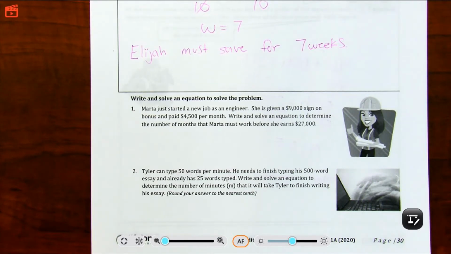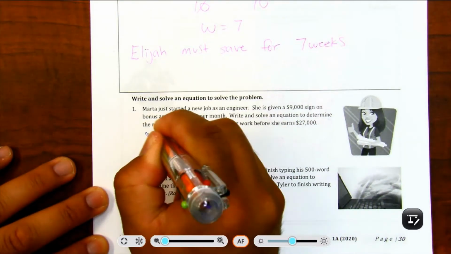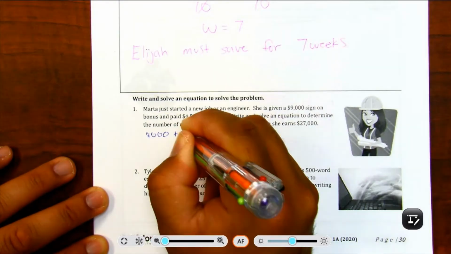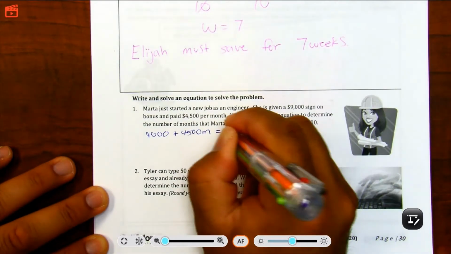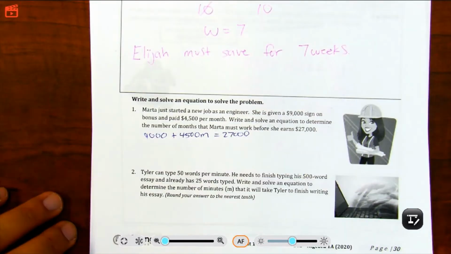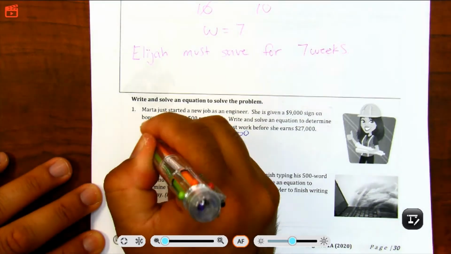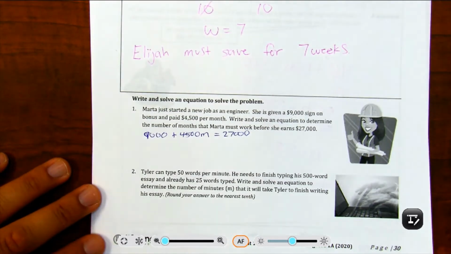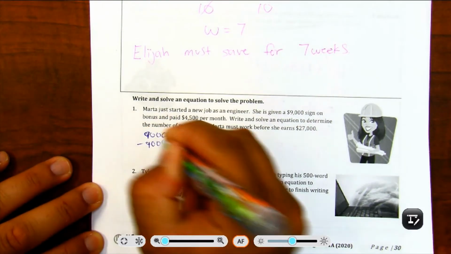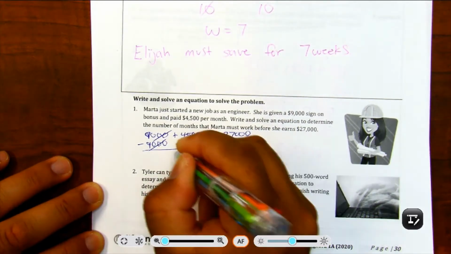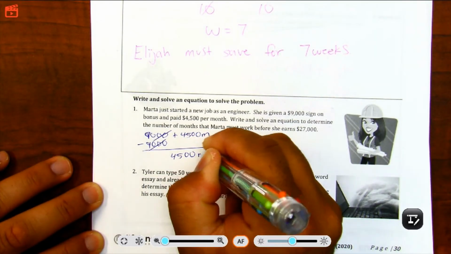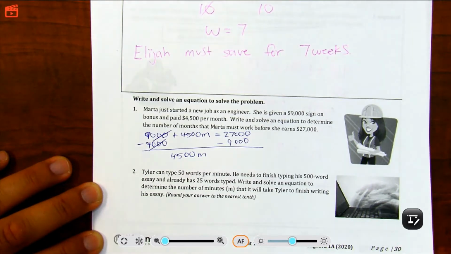So the initial value is 9,000. She earns 4,500 per month, so I'm using M, and the total is 27,000. My first step is to subtract 9,000 from both sides. So you have 4,500 M. Now 27,000 minus 9,000, that ends up being 18,000.